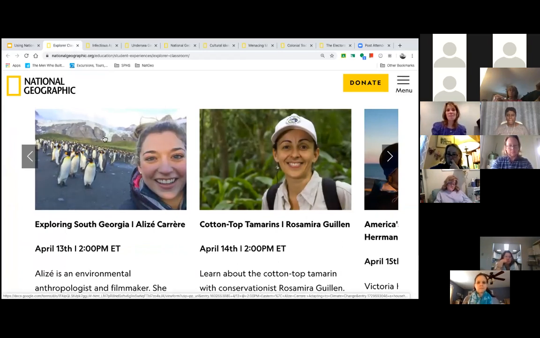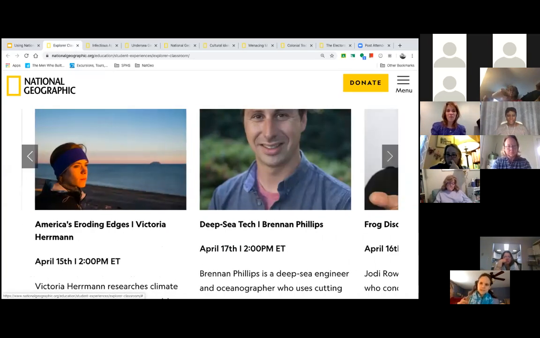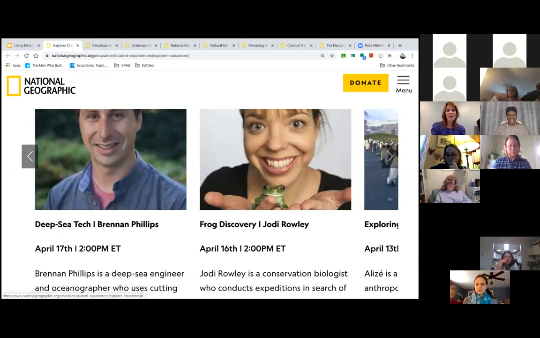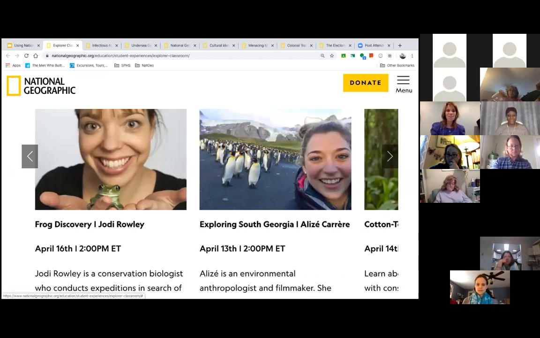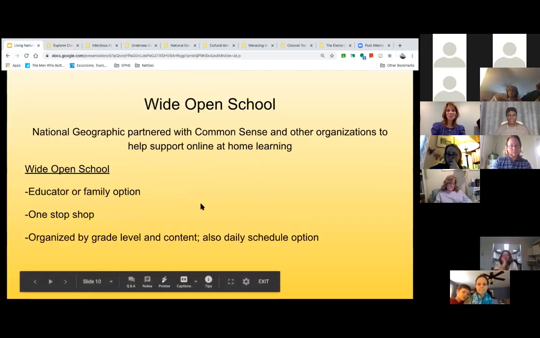This is the one that my family and I are going to hop on today. You get an opportunity to look at some tamarins tomorrow at 2 p.m. So this is the upcoming schedule. And of course, we know that next week students have off for vacation, so keep an eye on who explorers are going to be popping up for that as well. Some really great opportunities.